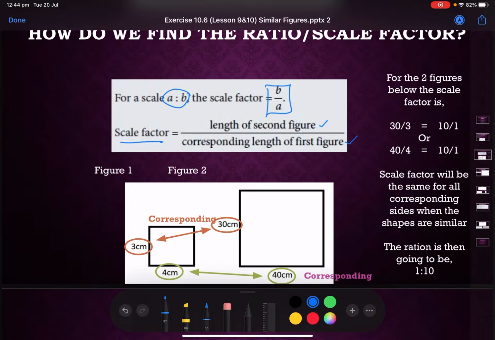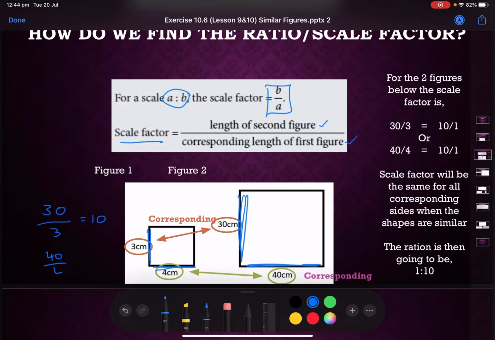If we're looking at this vertical line, we're also looking at the vertical of the other shape. So we do the length of the second one. If we're doing the orange, we do the length of 30 divided by the length of 3, which equals 10. Or we can do the green one, which is 40 over 4.